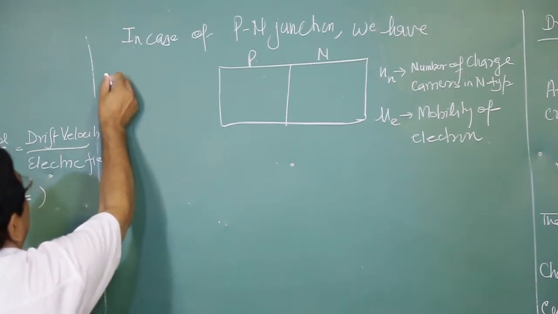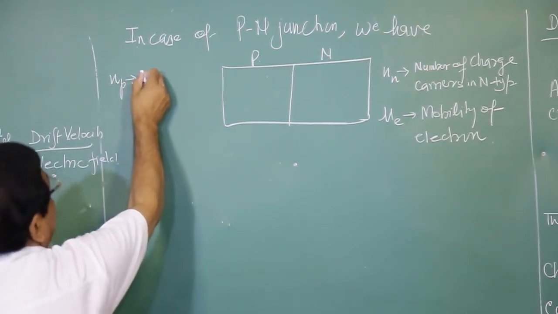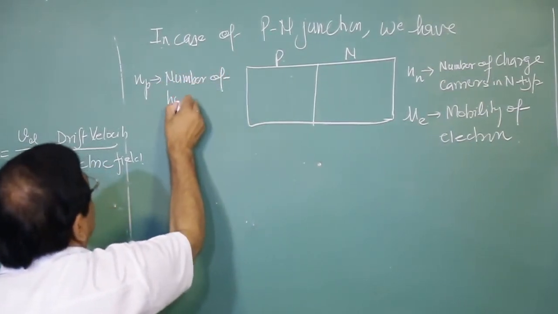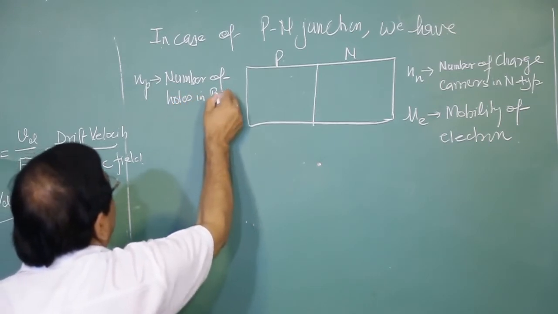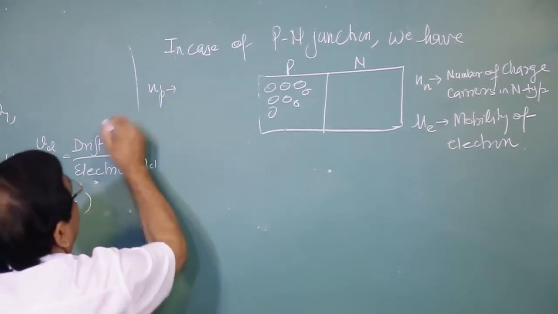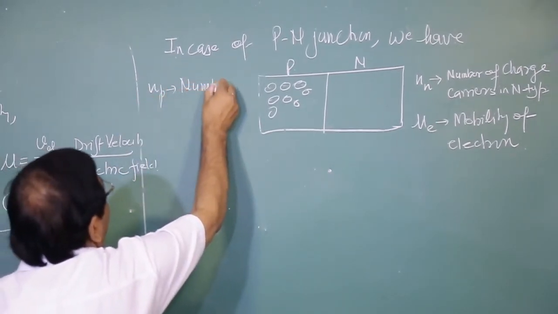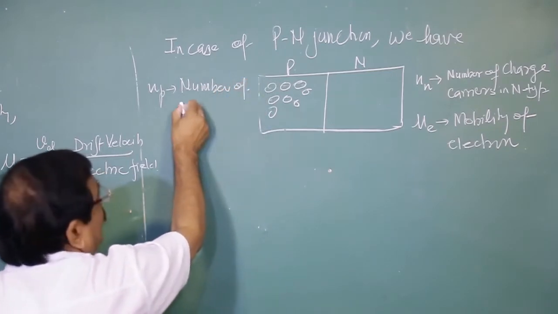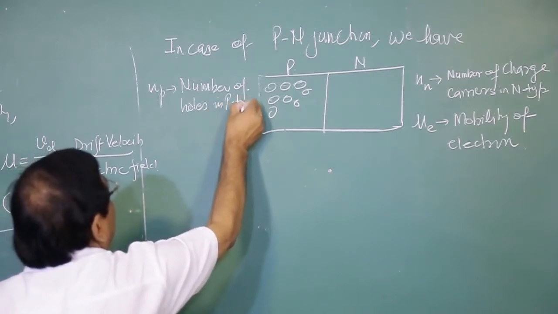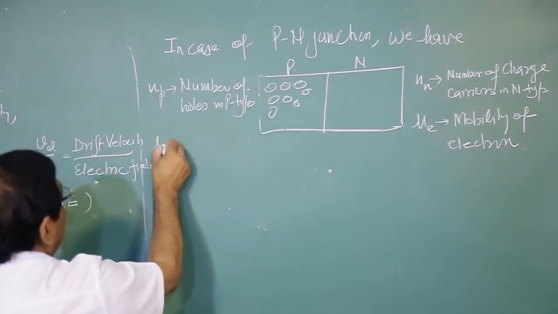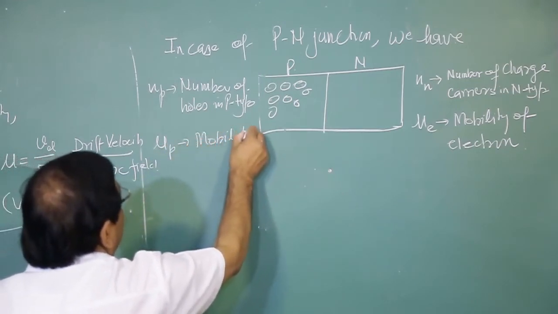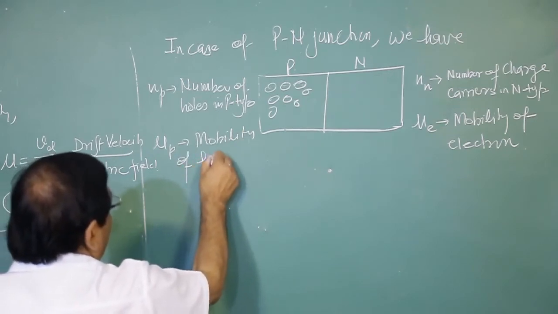Similarly, we have Np, the number of holes in p type, and mu p is the mobility of holes.